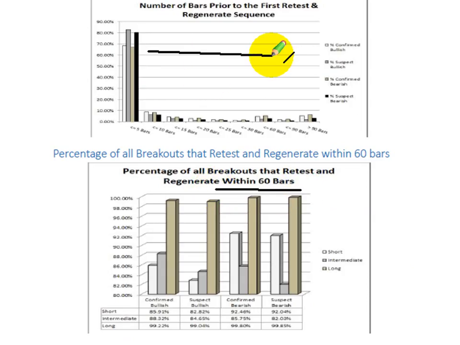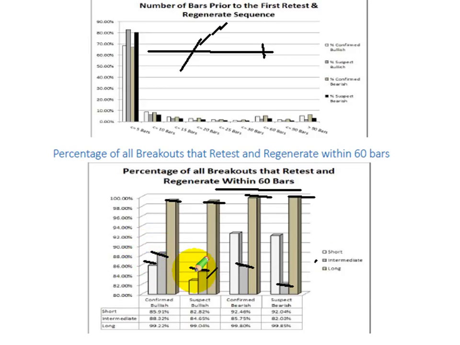Now, then you can get into another idea, which is like, how many bars, once you get a breakout and you get above a certain price, even if it just keeps going, how long will it go before it comes back? Well, I looked at it in more than 60 bars, almost nothing. If you look at the long-term time frame on more than 60 bars, it almost always comes back. But if you go down to even, say, the intermediate term time frame, there, 82% of the time, 86% of the time, depending on the type of breakout, still we're in the high 80s.